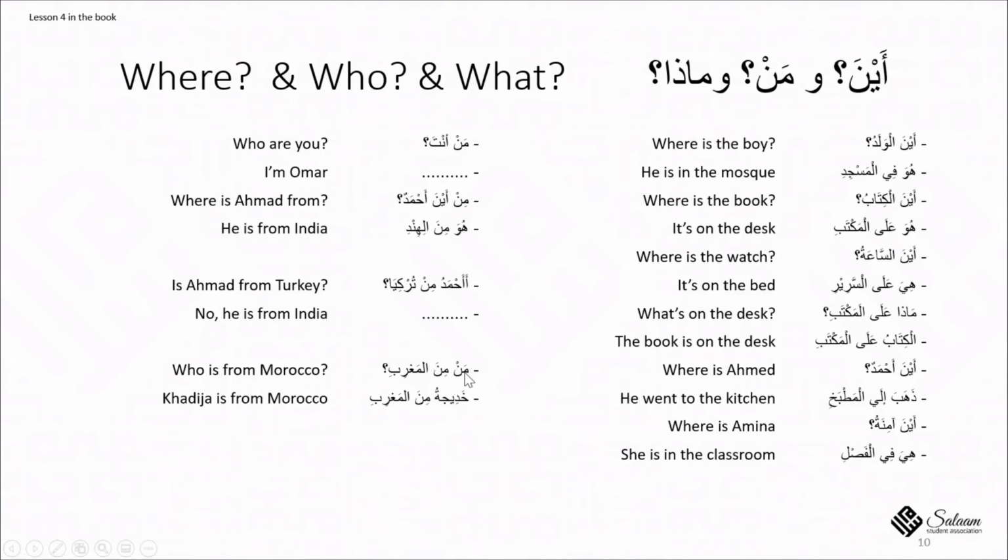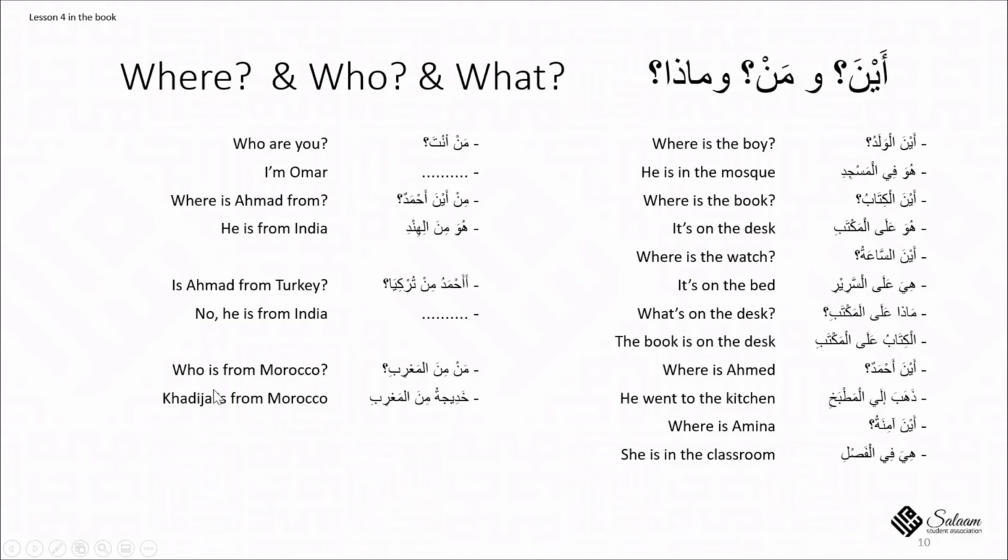Man, on the other hand, with the mim fatha means who. So this is really, really important. Man is a question noun. This is a preposition, min. And you can see min became fatha just because of al-maghrib here. This is not the point. The point is there's a different meaning just because this meem has fatha and this meem has kasra.